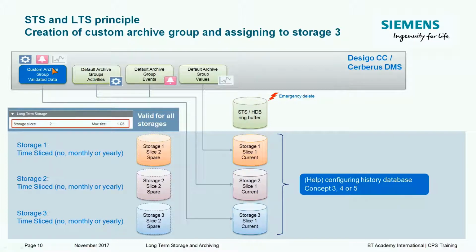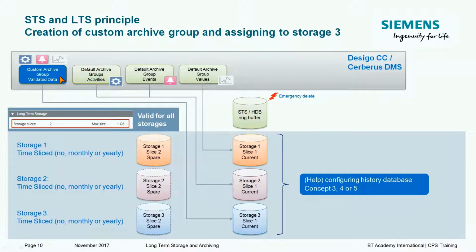License options. And this is the custom archive group. Here in this example, I'm having validated data, so a project with validated data. And you see there are two things I have to do additionally. I need to create this custom archive group. This is the easy part.